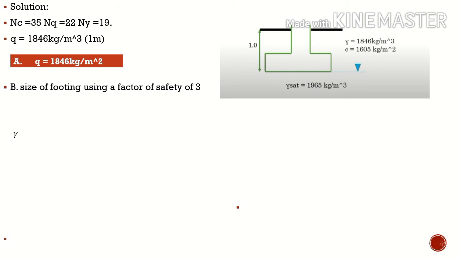So, for letter B, size of footing using a factor of safety of 3. Our example is still a square footing.